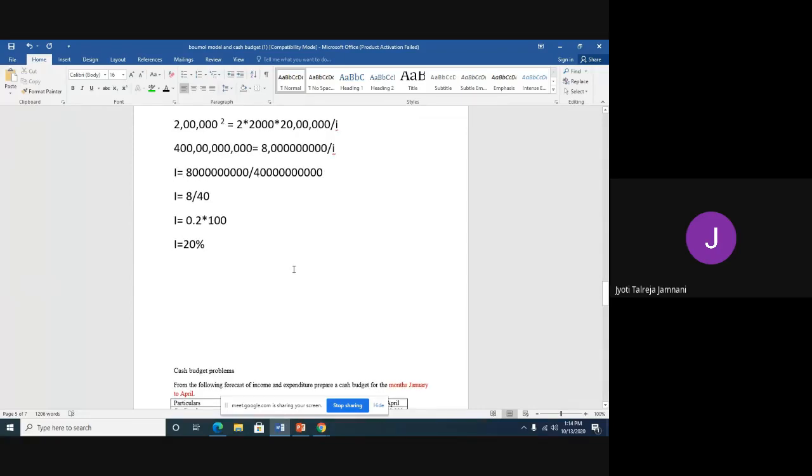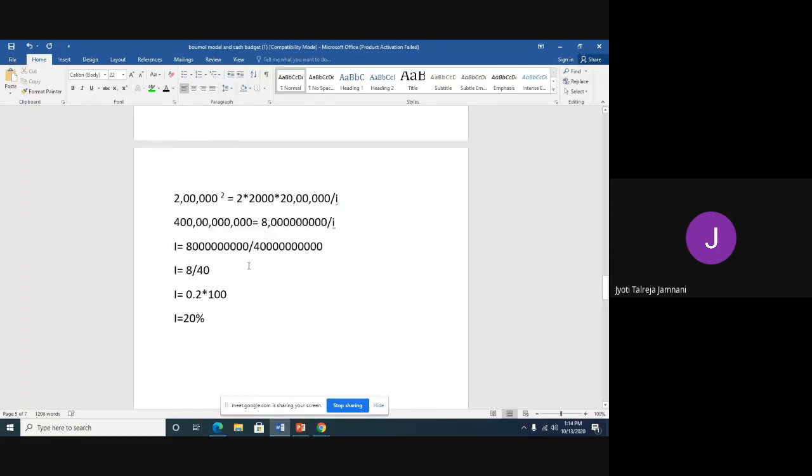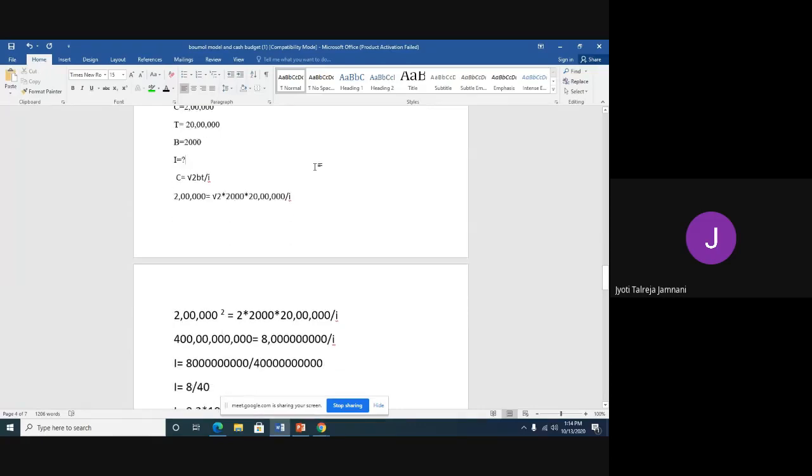Usually they'll give I as missing, they'll not give B missing anytime. But for that, they should give you the value of C also. Like in this problem, the value of C is given and I was what was missing. If C is also not given and I is also not given in any equation, two missing terms cannot be found. Only one missing is possible.